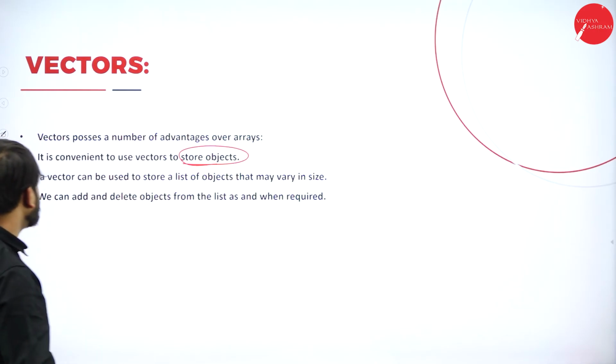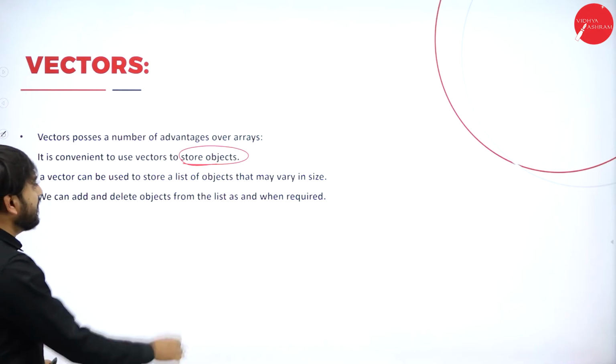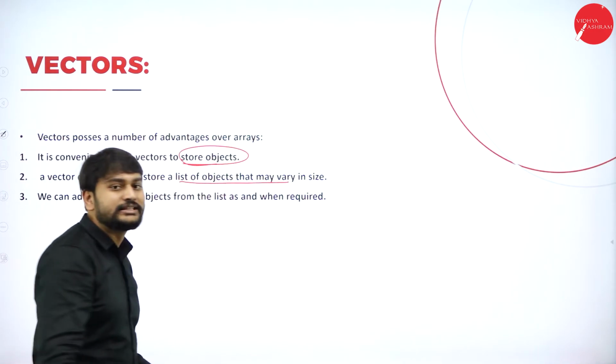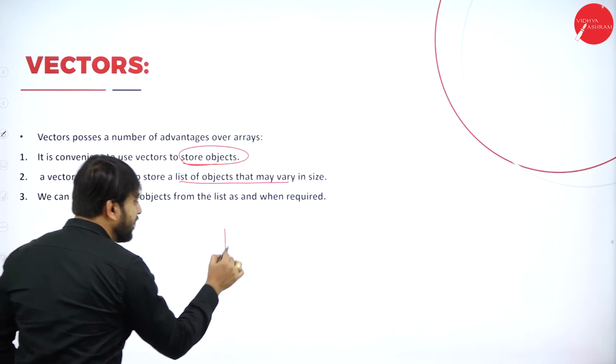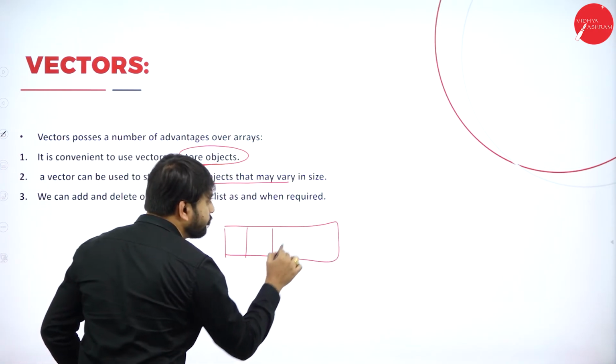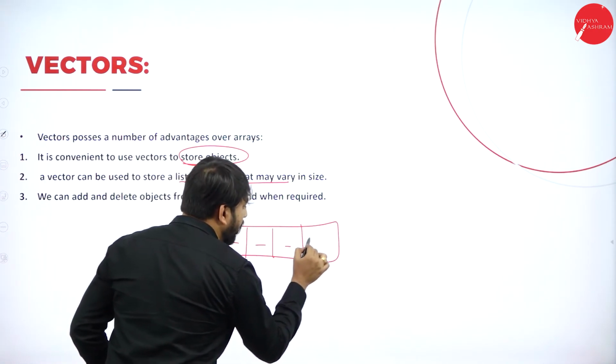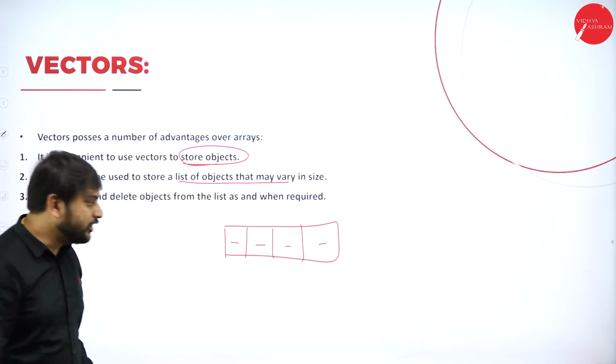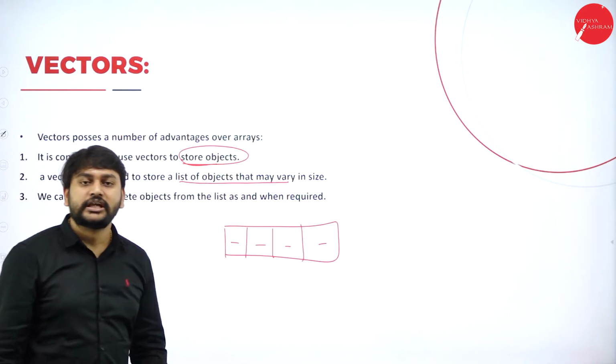So fine. What is the next one? A vector can be used to store a list of objects that may vary in size. Say for example, I'm creating the vector. You don't have to expect all the objects you're storing here to be of the same size. It can vary.